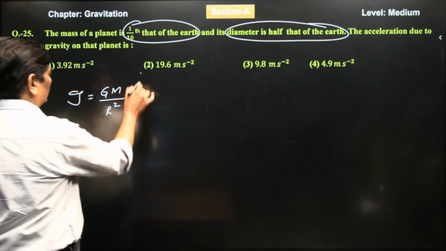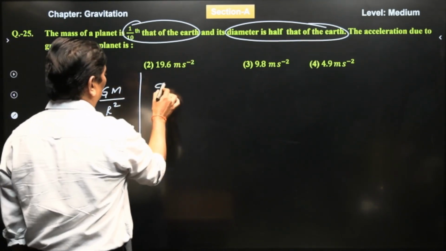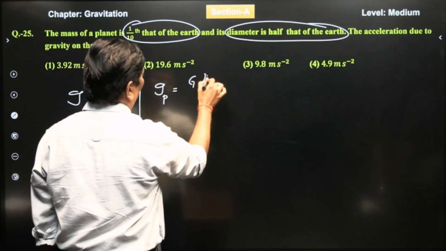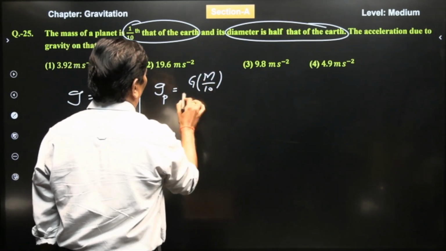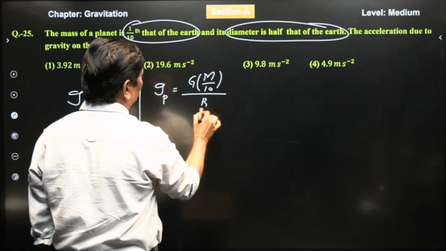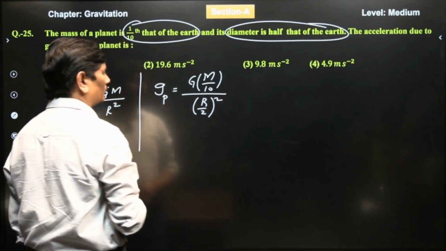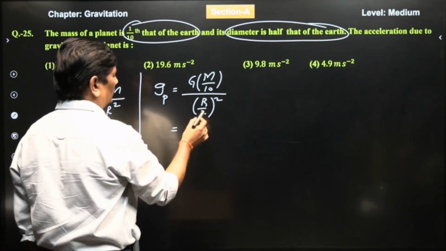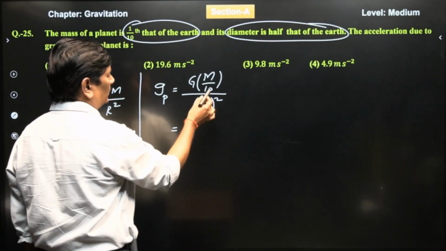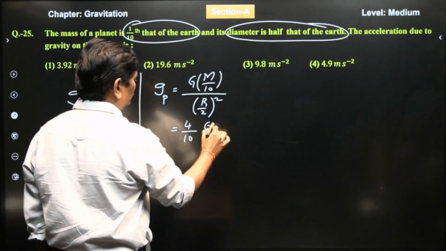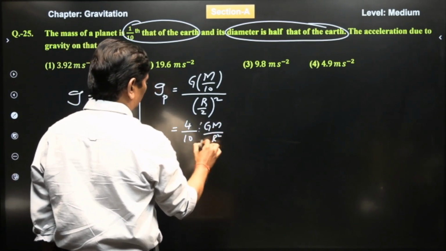Now, coming to another planet, Gp equals G into M by 10 divided by radius r by 2. Diameter half means radius also half. You will get 4 here, denominator here 10, 4 by 10 GM by r square.